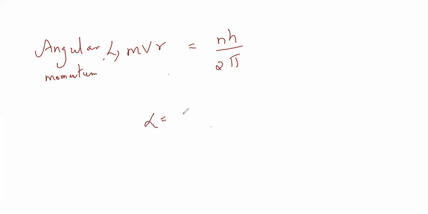So L is equal to nh by 2 pi. This is my L, nh by 2 pi. Write it down. So this is my Bohr's quantization condition.